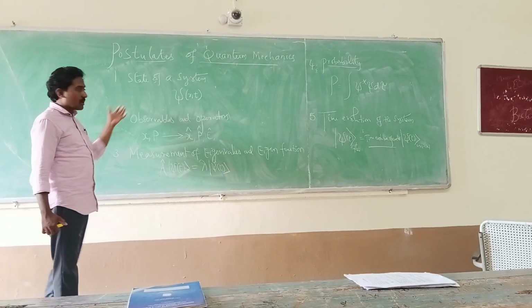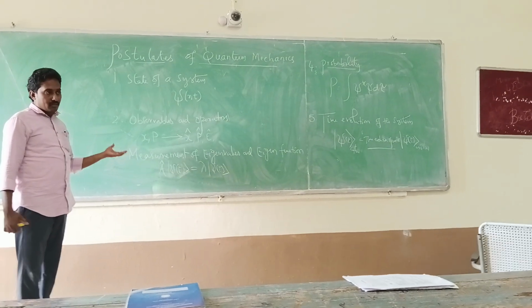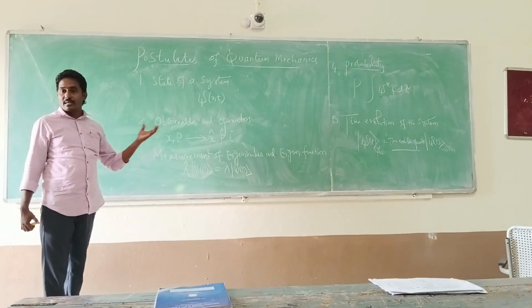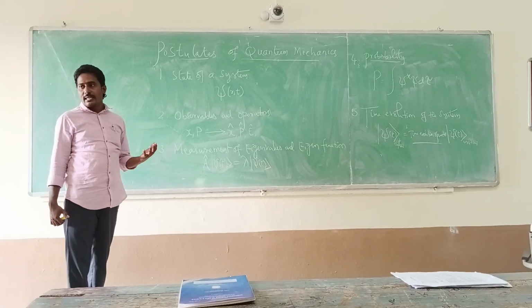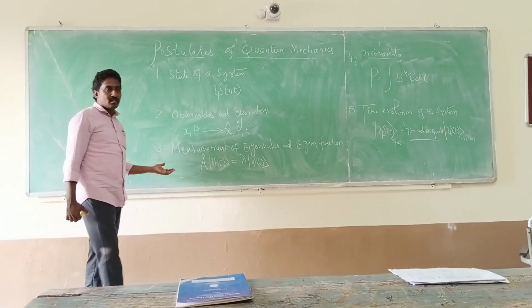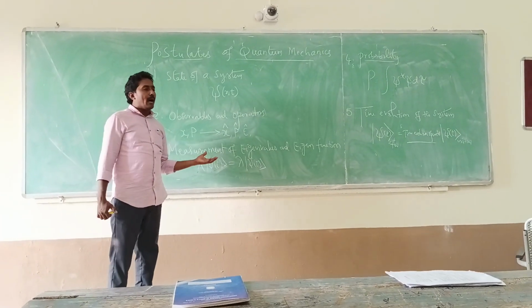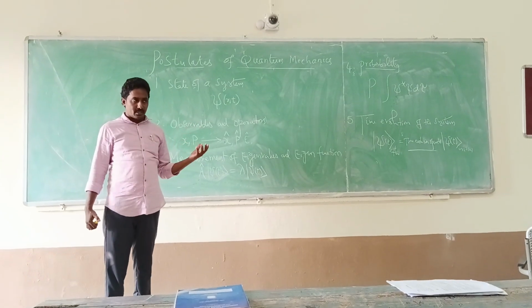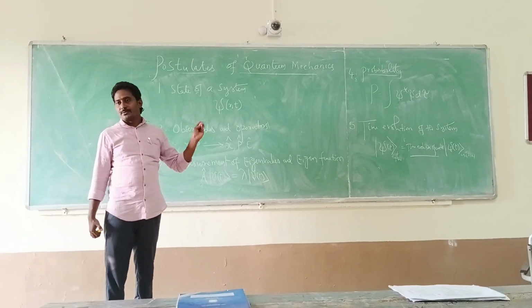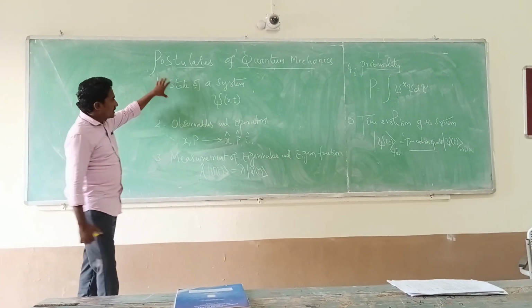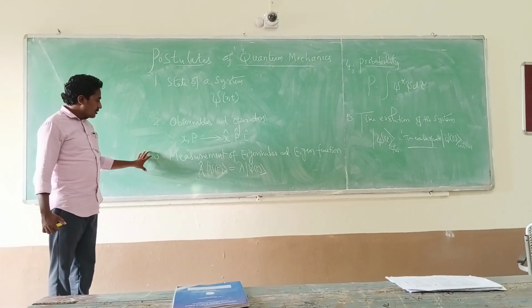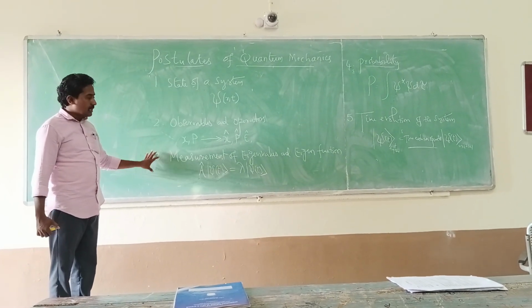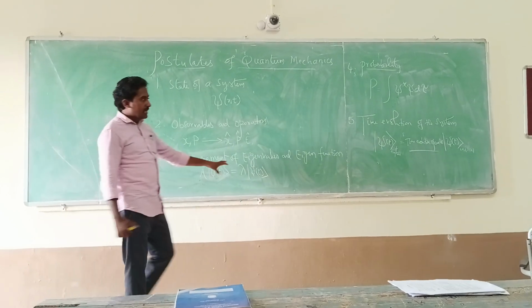Actually, these postulates cannot be derived. These are experimental results. The entire quantum mechanics is purely based on these postulates. There are no exceptions for these rules anywhere in the universe. First, assess the state of the system. Second, find observables and operators. Next, by using the first and second postulates, measure the eigenvalues and eigenfunctions.